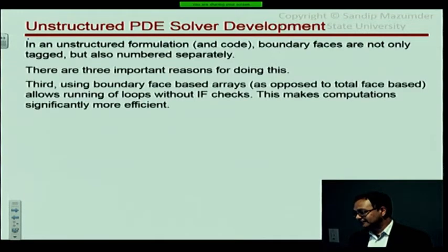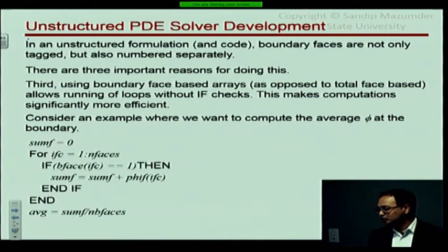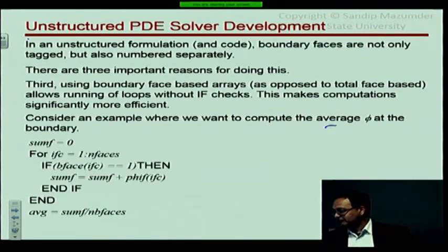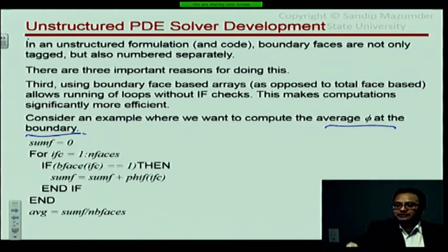Another reason: if checks. Suppose I want to calculate the average of phi at the boundary. This is the example that I was talking about. You have, let's say, a boundary, and you want to average the value of phi there.